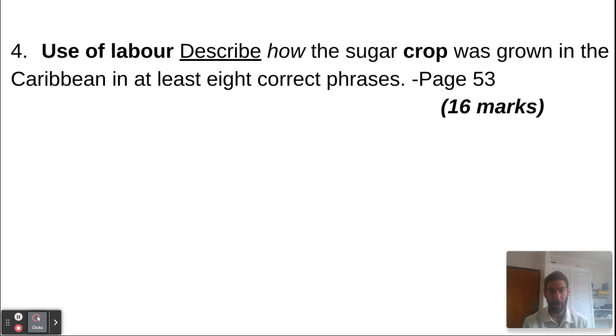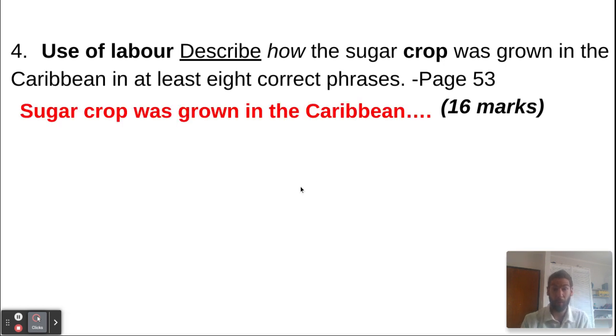Yes, and I do that because I want you to be motivated strongly to write and write. And 8 correct phrases, beginning with a capital, ending with a period, it isn't much. It really isn't. And it is what is expected of you. Describing is really putting it into words and writing. Let's look at the answer.